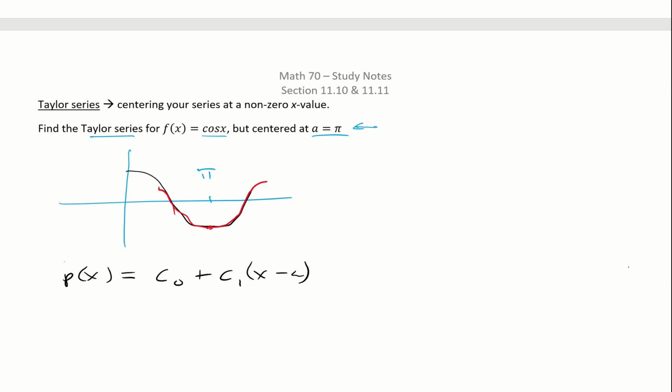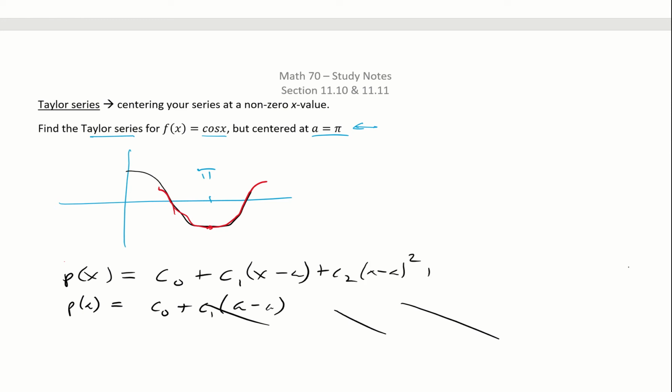When I plug in p of a, I get C0 only. Watch, p of a is equal to C0 plus C1 times a minus a, gone. All of them are gone. You understand? So we're building it differently. We're going to go C2 times (x minus a) squared, and then C3 times (x minus a) cubed, plus etc.